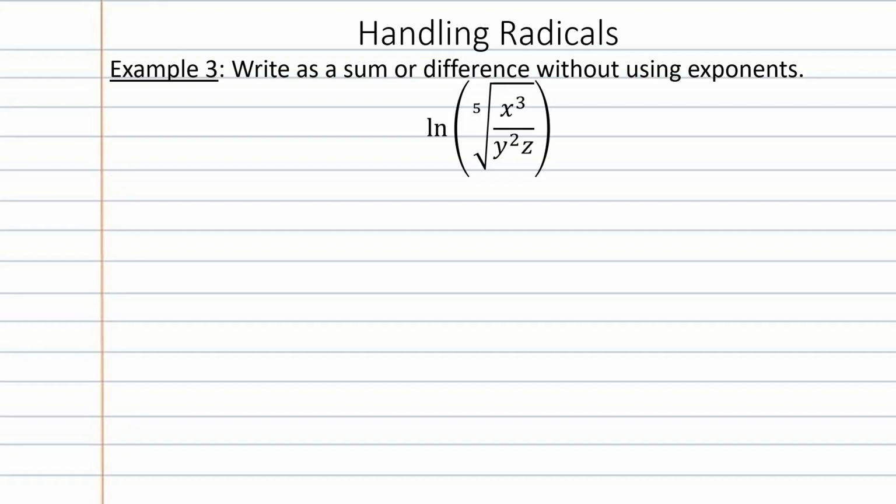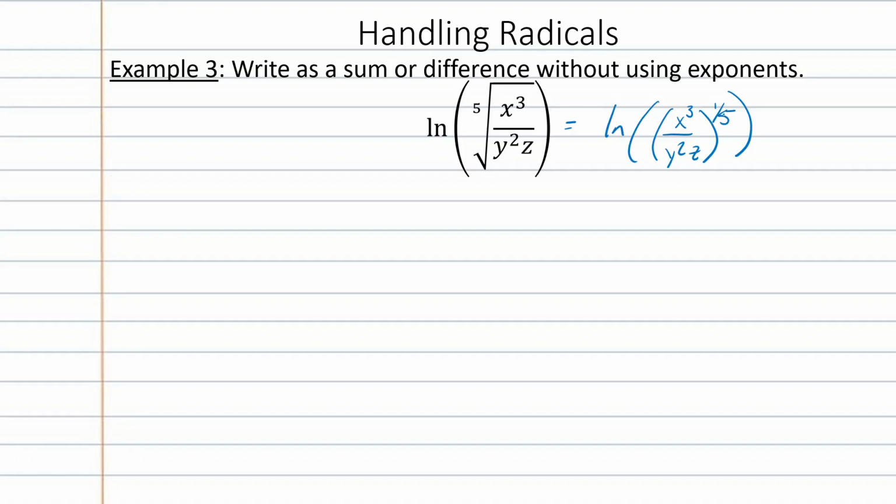All right, now how about this one? It's a little bit bigger one here. We have the natural log of the 5th root of x to the 3rd over y squared z. Now, in case you don't know, the 5th root is equivalent to raising it to an exponent of 1/5.